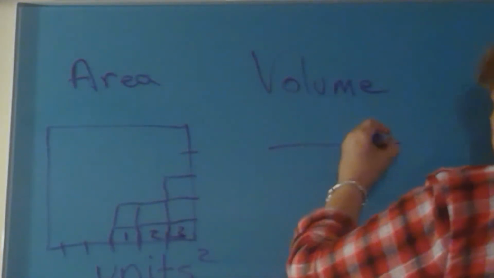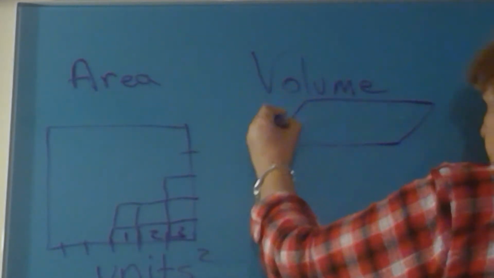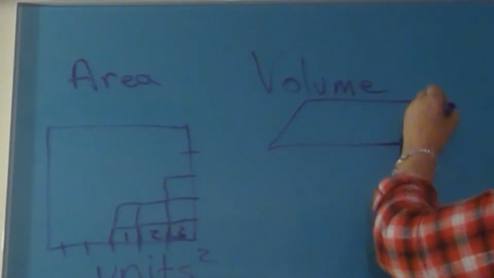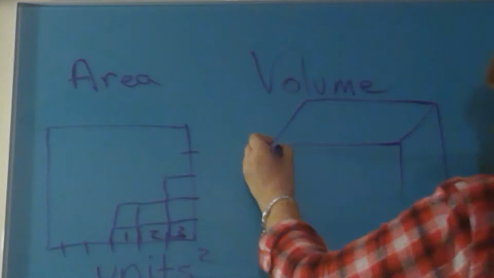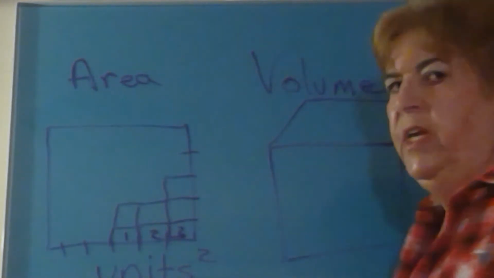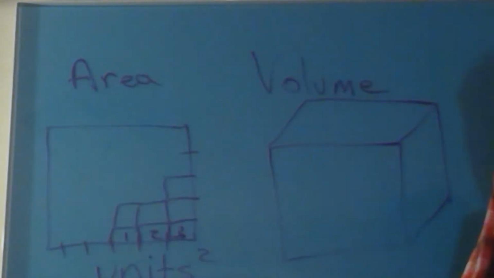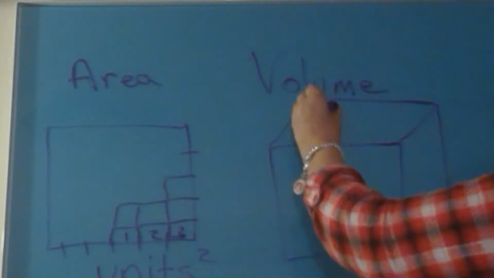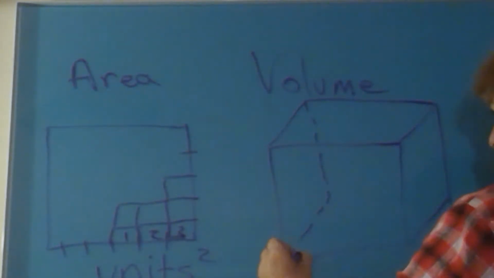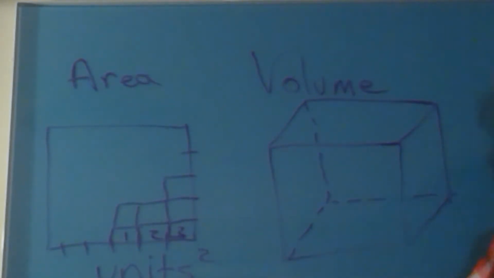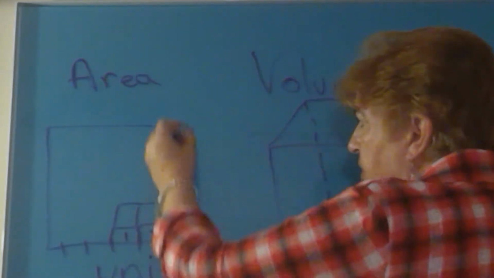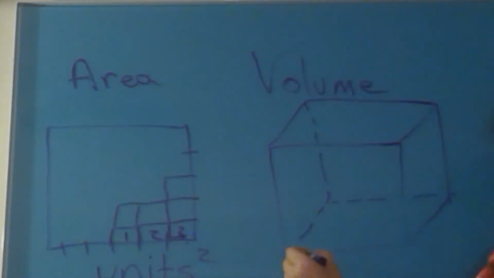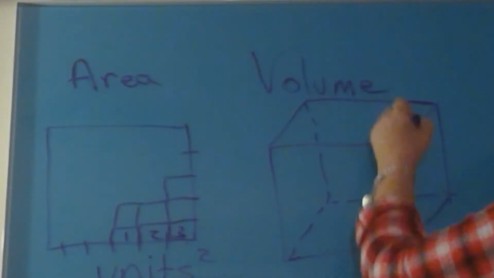Working with volume, let's say you've got a box and you want to know what the volume of the box is. Well, now, instead of just looking at the length and the width, you've got the length, the width, and a height.